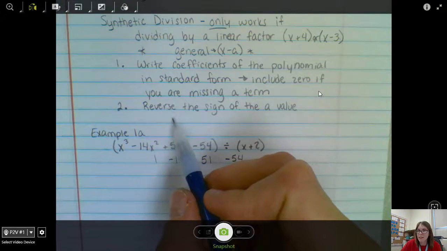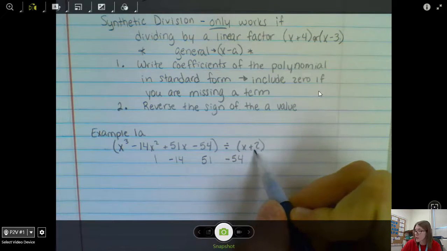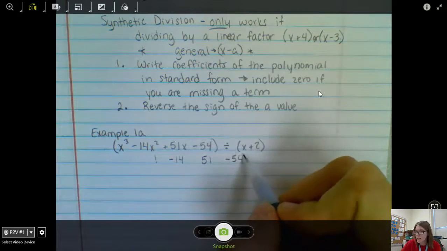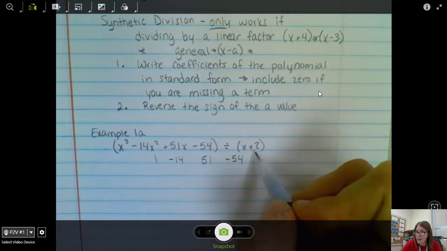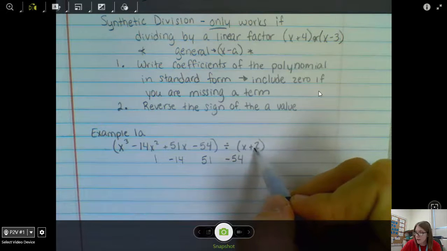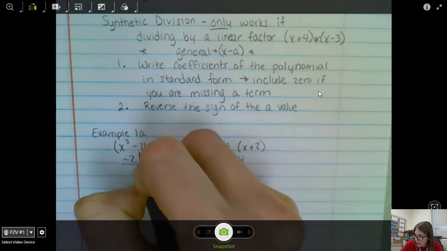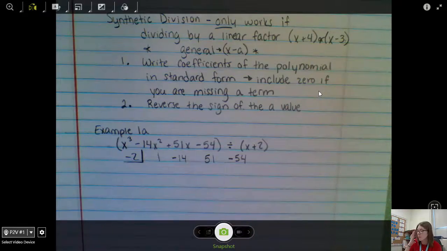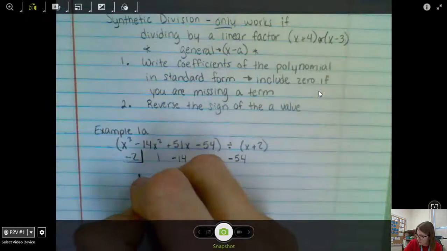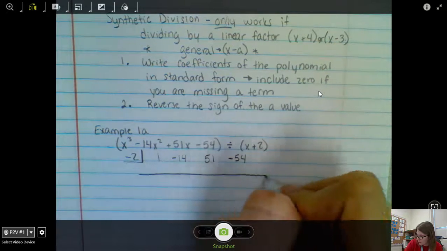Second step, reverse the sign of the a value. I have x plus 2 here. Since this is a linear factor, I can use synthetic division. But since this is plus 2, reverse the sign, I'm going to put my -2 in a box over here, and leave a space, draw your line.